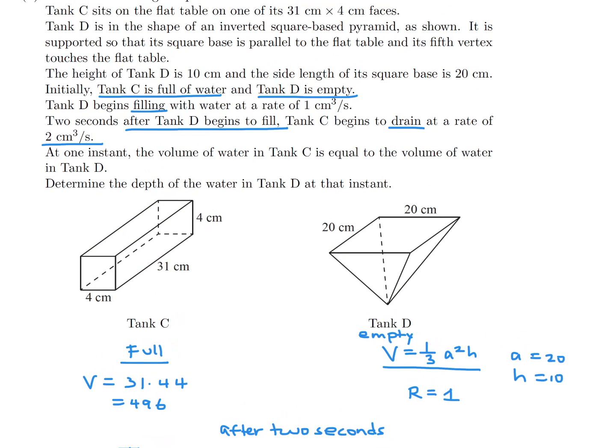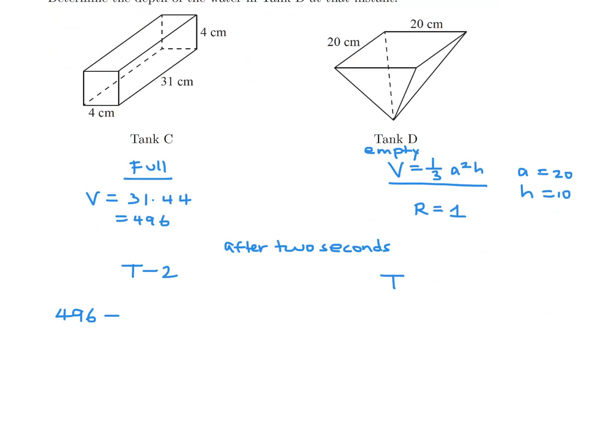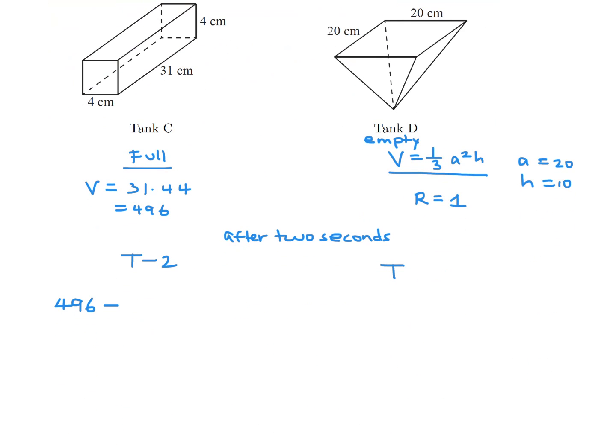It drains at 2 centimeters cubed per second. Okay, so that means this R is 2. So it'll be T minus 2 times 2. And on this side, it's pretty straightforward. It's just T times this 1. And then these are equal.